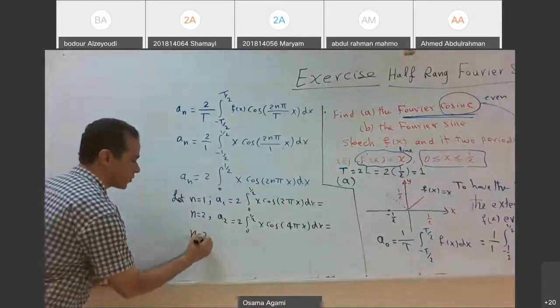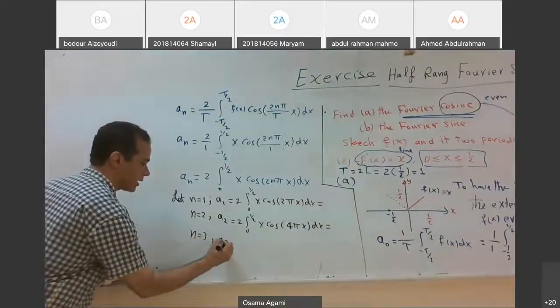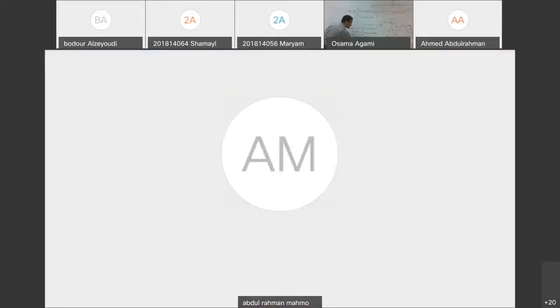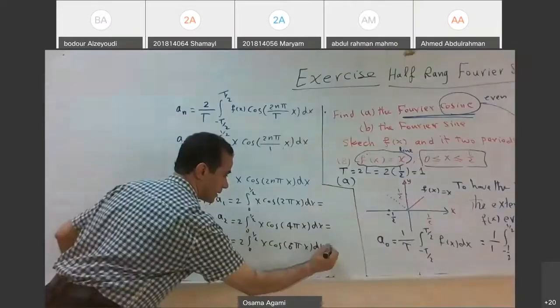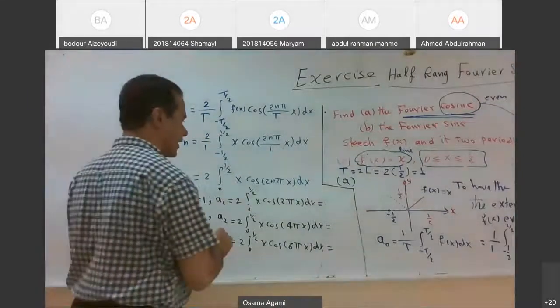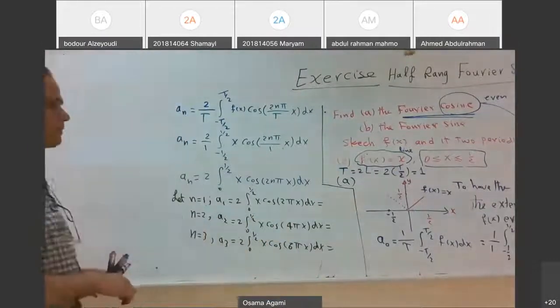Also, n equal to 3, you get a3 equal to 2 times, you have 6πx dx. That's enough, right? Please use your calculator to give me the value of a1, a2, a3.